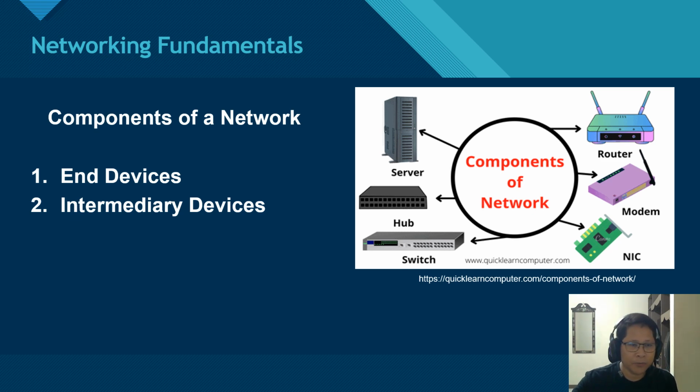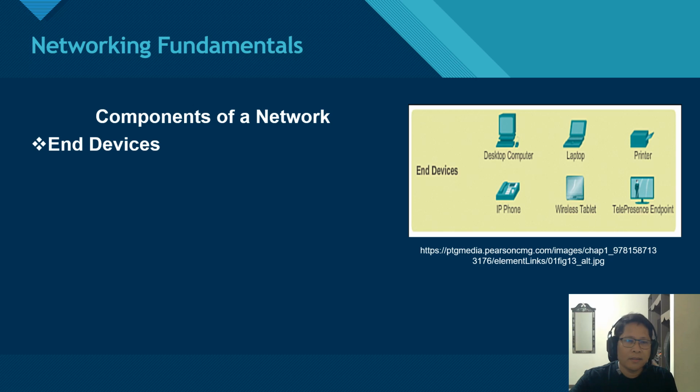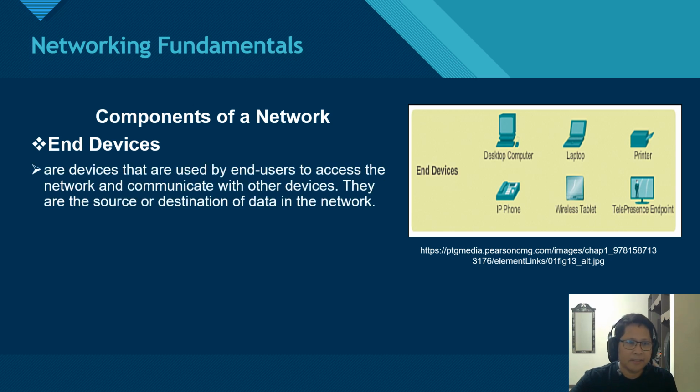Let's talk first about the end devices. End devices are devices that are used by end users to access the network and communicate with other devices. They are the source or destination of data in the network.